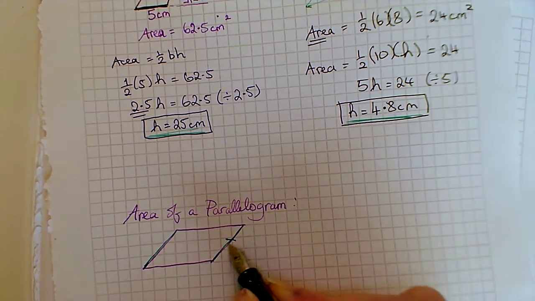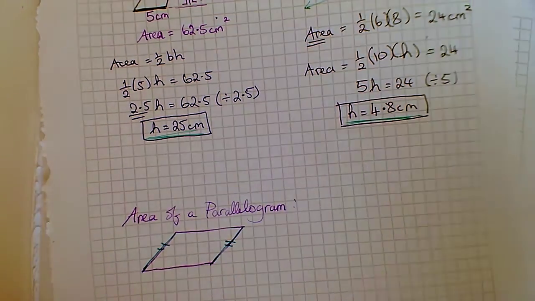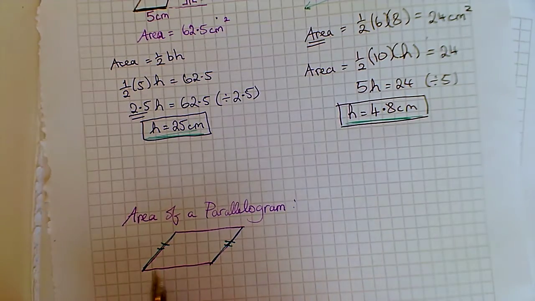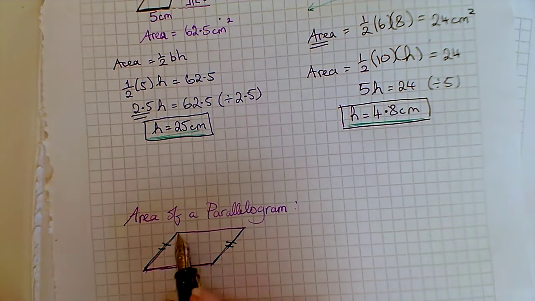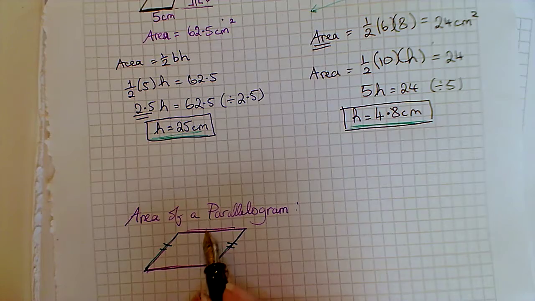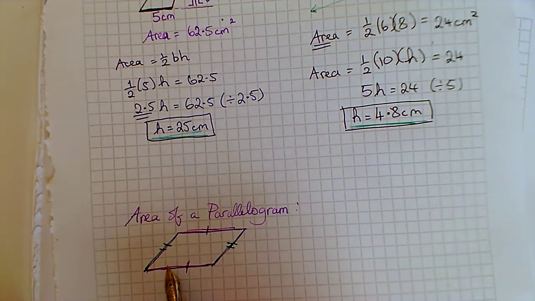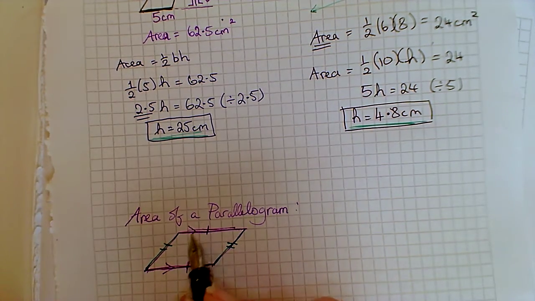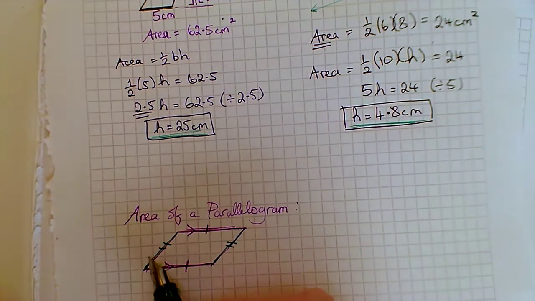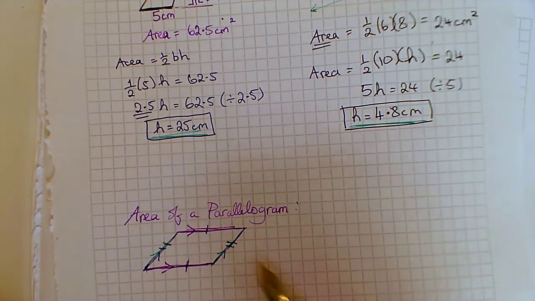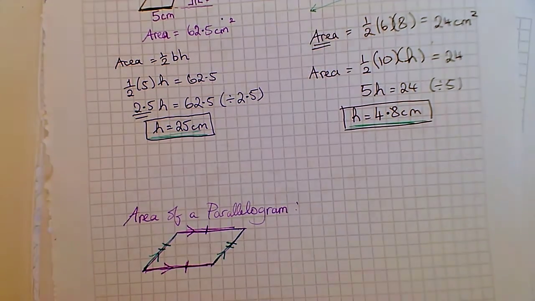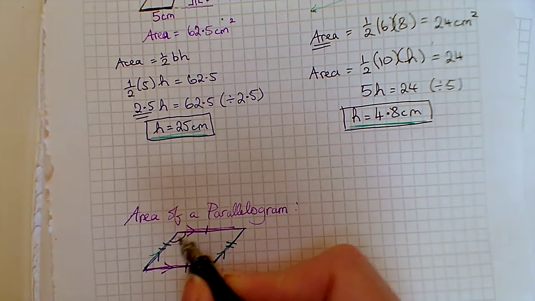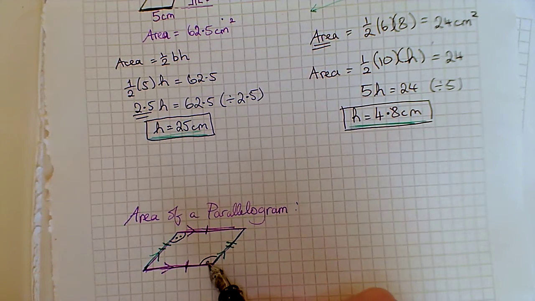Opposite sides are equal in length. So those sides there are equal in length. And of course, opposite sides are parallel to each other. And opposite angles are equal in measure.